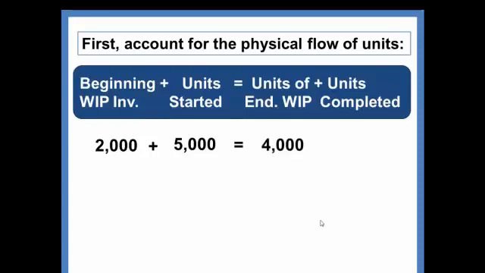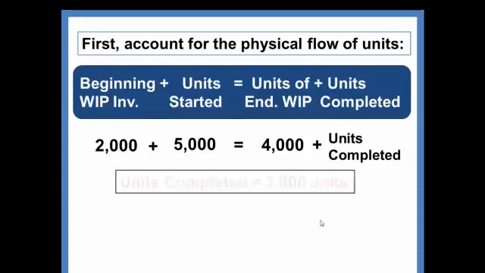That is equal to the ending units of 4,000, and we are not told how many were completed. We will need that information in order to calculate the equivalent units of production. But given the information that we have, the units completed is equal to 3,000 units.